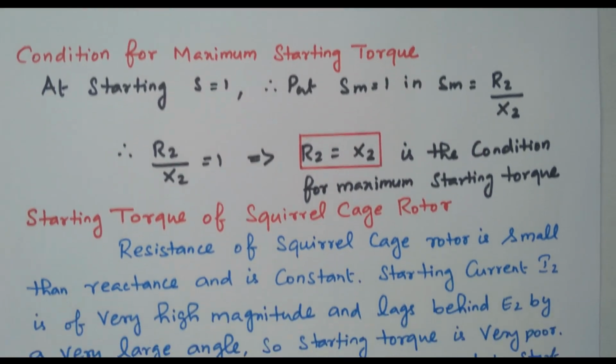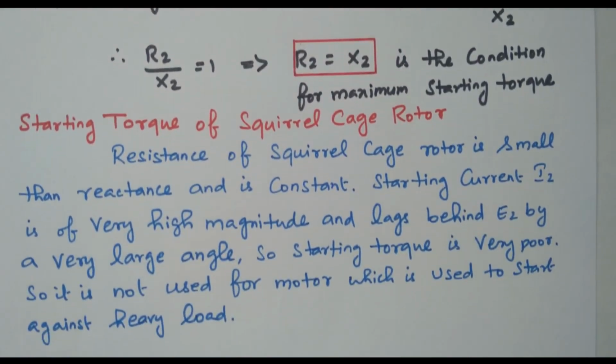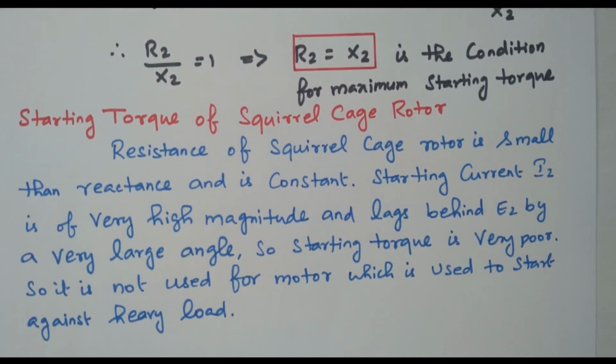Now we will see the starting torque of a squirrel cage rotor. What we discussed so far is the slip ring. This is squirrel cage. In case of squirrel cage, the resistance of the rotor is small compared to the reactance, very less, and is also almost constant.